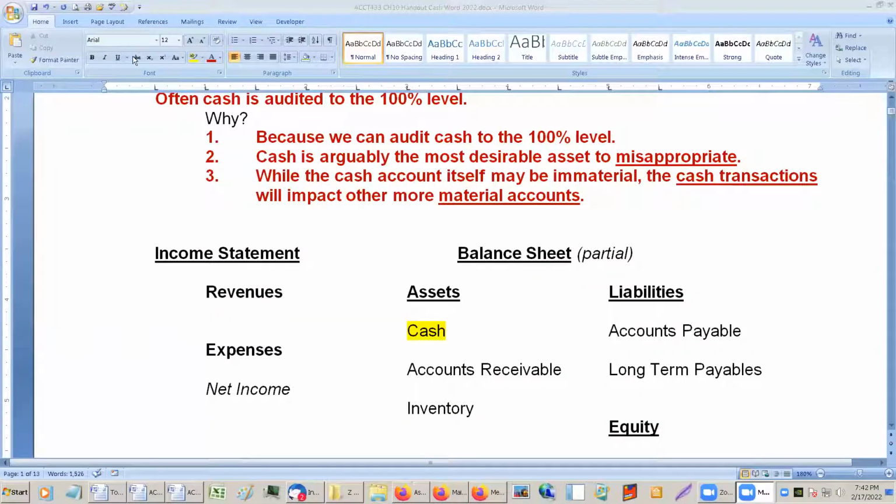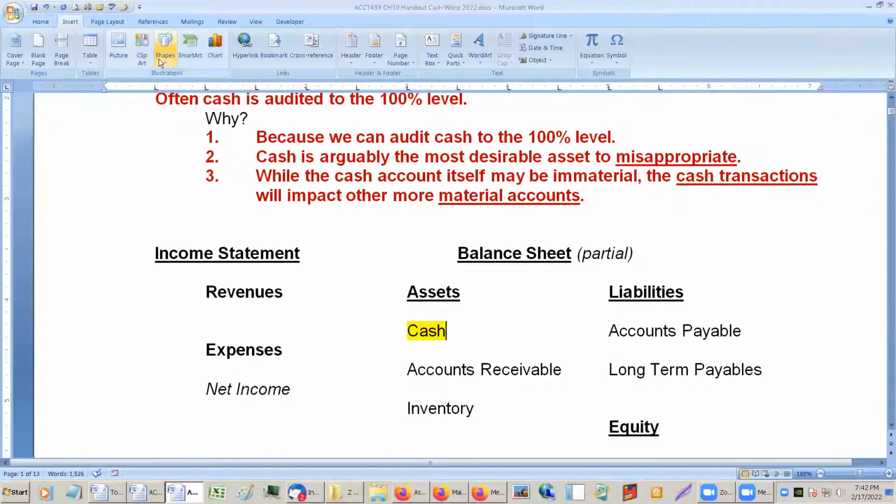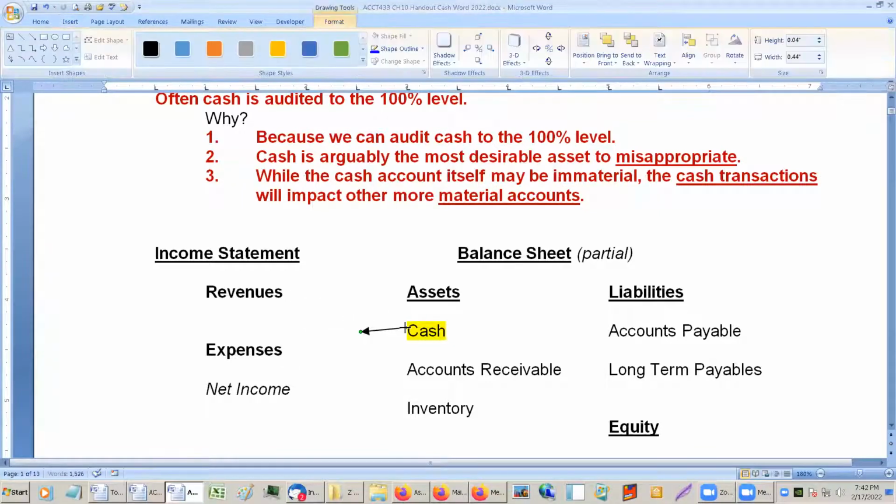Okay, well, revenues, right? If someone pays in cash, that's going to affect the cash account. Or if you pay cash out for expenses, that's going to impact the account. So you may have a direct, let me do it the other way around, actually.